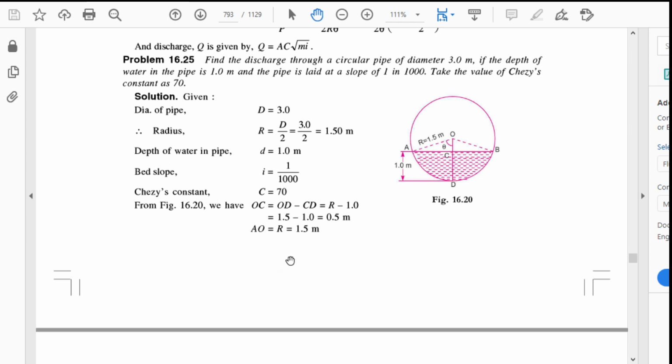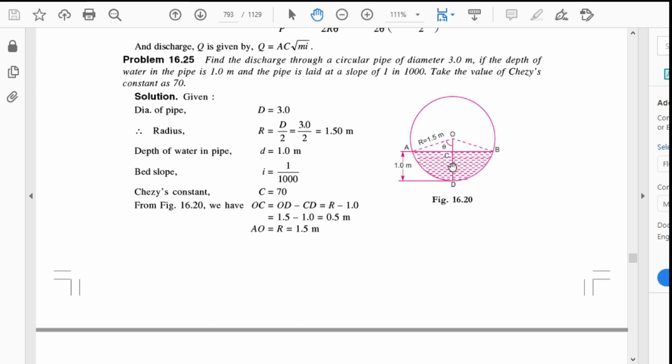Now from this figure you have to find out this OC and AO. AO, that is your radius, is nothing but 1.5 meters, and this OC will be OD minus your CD.